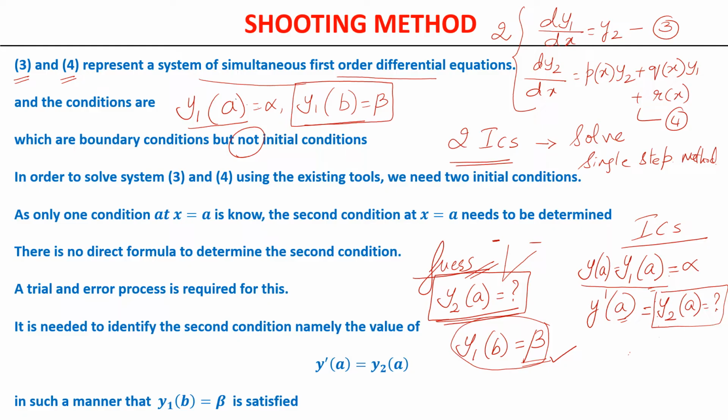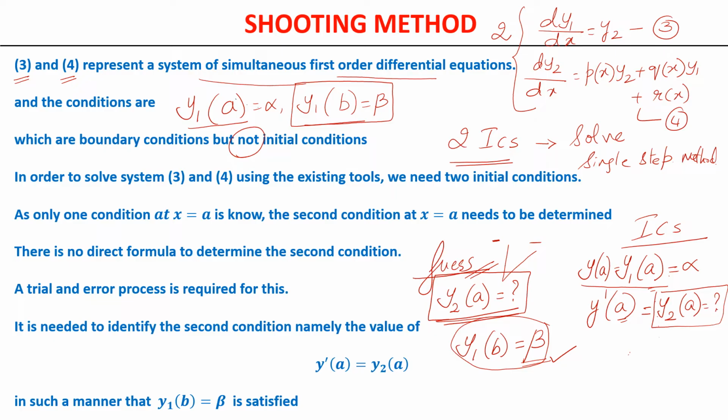This method is the main crux of the shooting method, as we are not able to judge the value of y2 of a directly, but we are shooting around a particular number in such a manner that this last boundary condition is satisfied. Since we are shooting and trying to go closer to that boundary condition, the method is called shooting method.